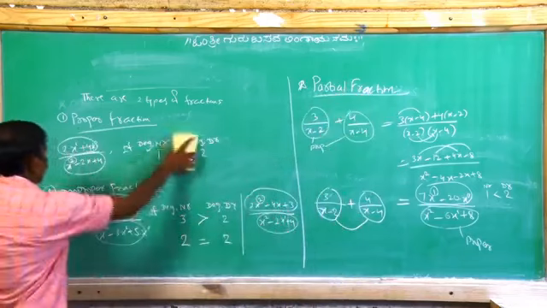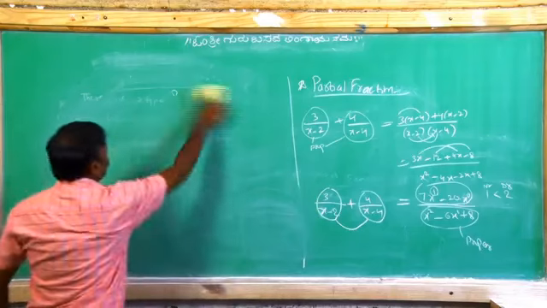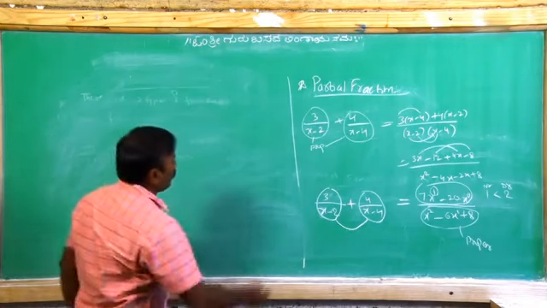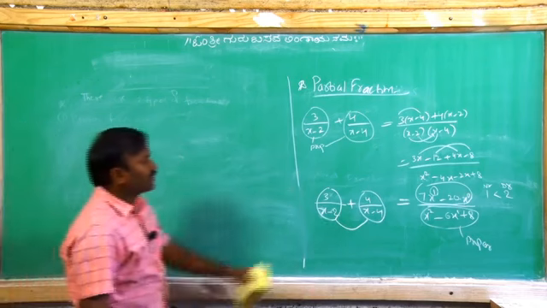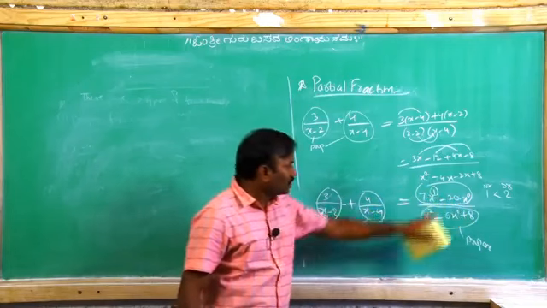Okay. Now take the reverse. Take the reverse. Here, the LHS equals this RHS, so we can write this RHS equal to this LHS.